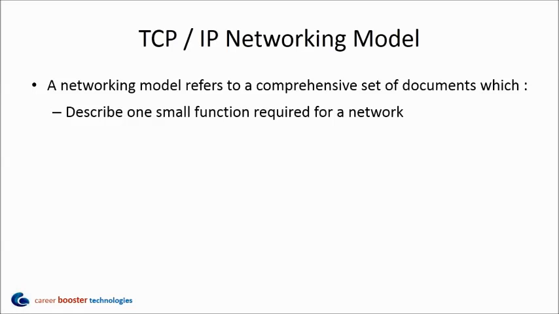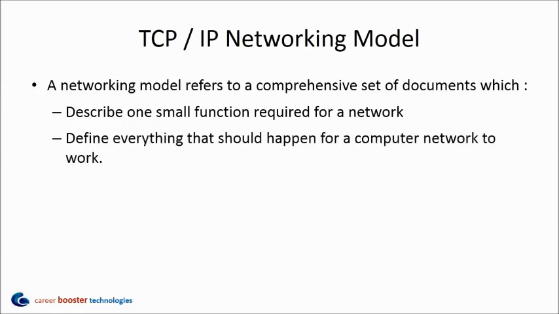Apart from the user information, there is a lot of control information which makes it reach the destination accurately. So it describes each and every small function, everything that should happen for a computer network to work.